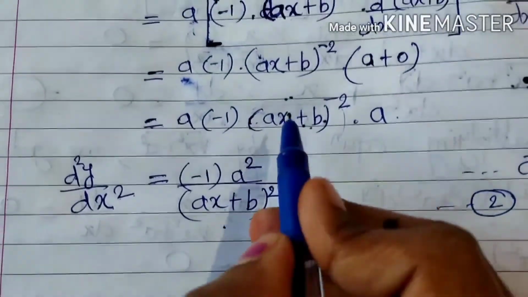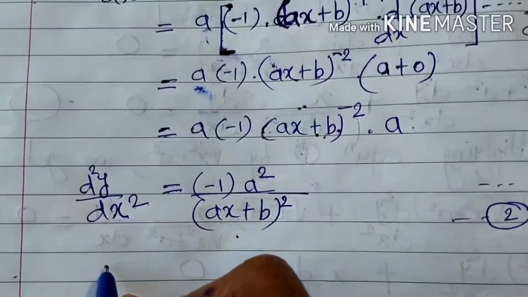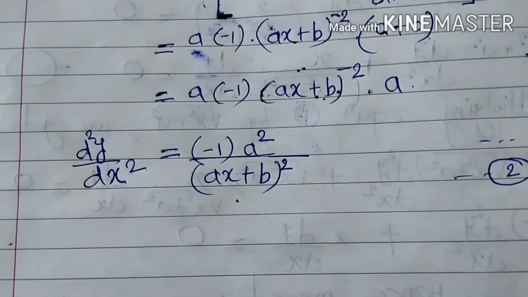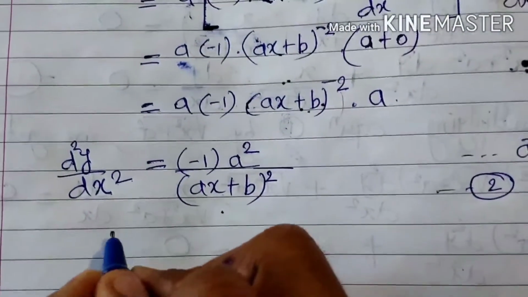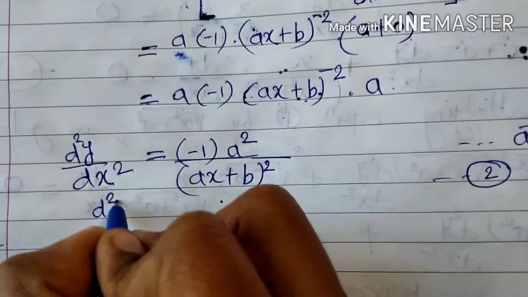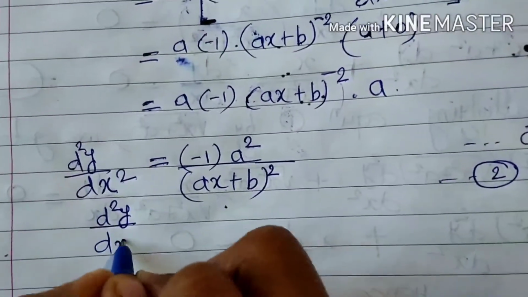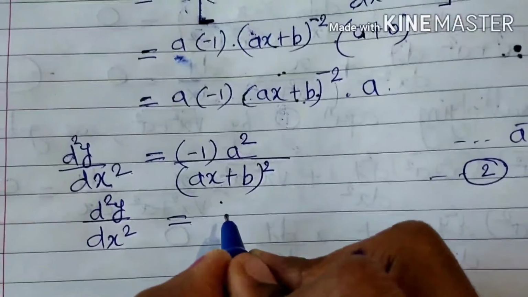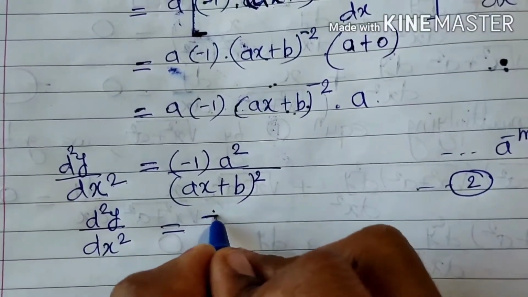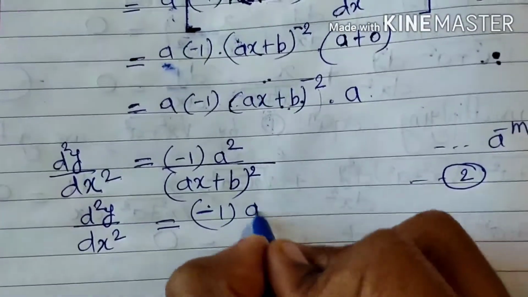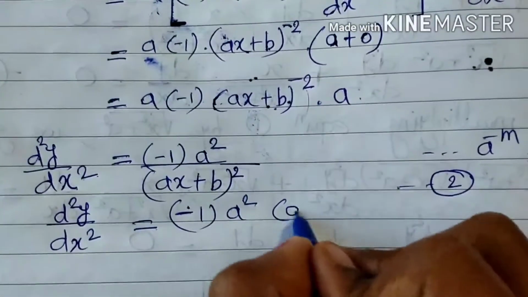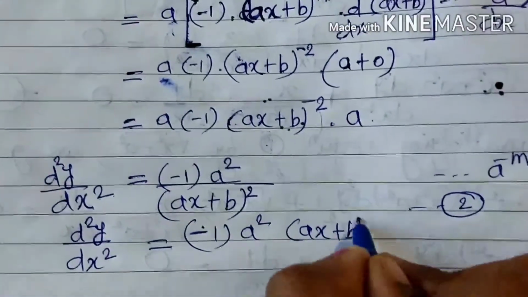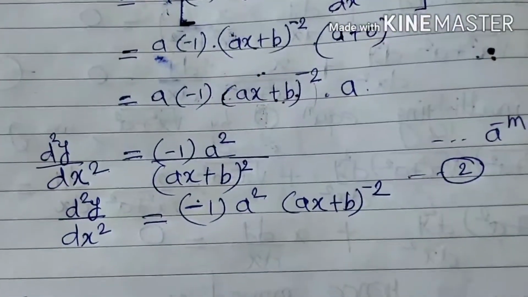But we take here this term because we have to again differentiate it. We have to find third order derivative. That's why we take d2y upon dx square is equal to this minus 1 into a square into ax plus b raised to minus 2.